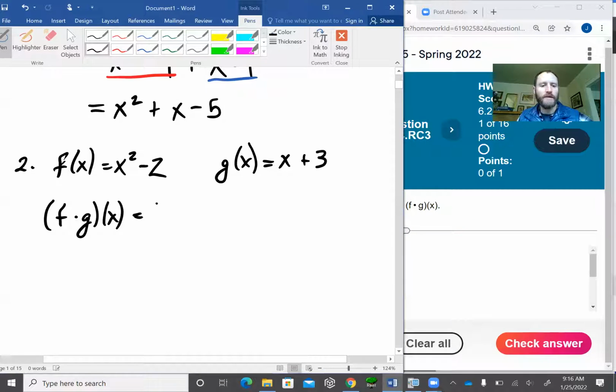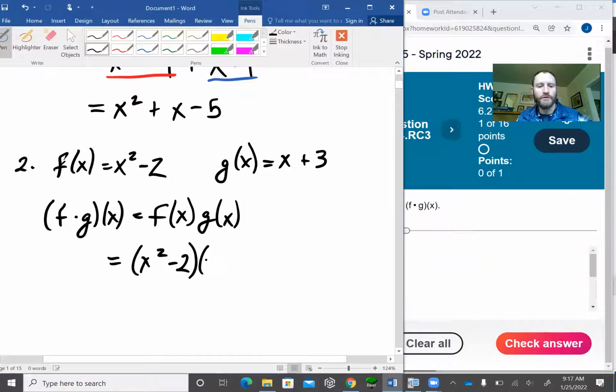And again, we'll rewrite that as f of x times g of x. So I'm just going to take the formula for f, x squared minus 2, times the formula for g, x plus 3. And this is just going to be a FOIL problem, which is typically what these tend to be. If we're doing a product of functions, we usually are just foiling the two formulas together.